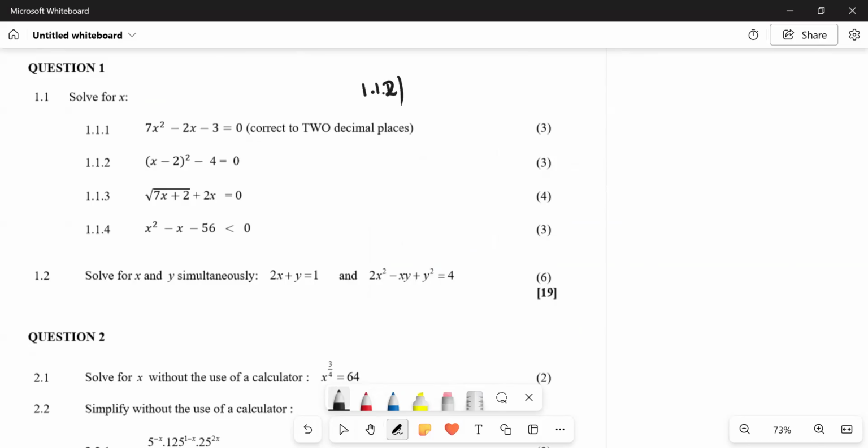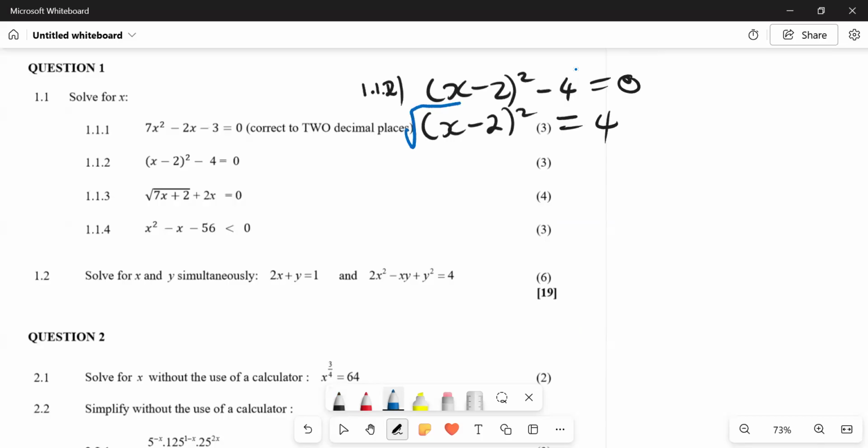Here we are given x minus 2 squared minus 4 equals 0. So let's transpose 4. So this is x minus 2 squared equals 4, and then take the square root both sides. Now this is x minus 2 equals plus or minus 2, right?